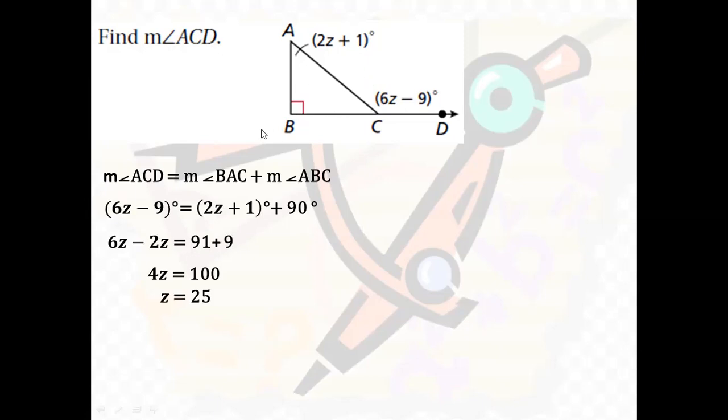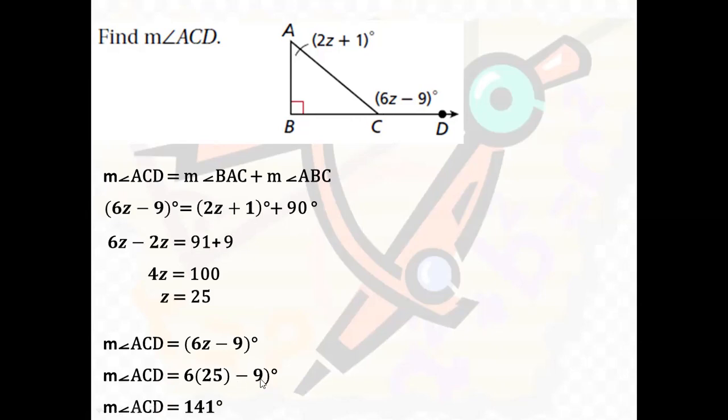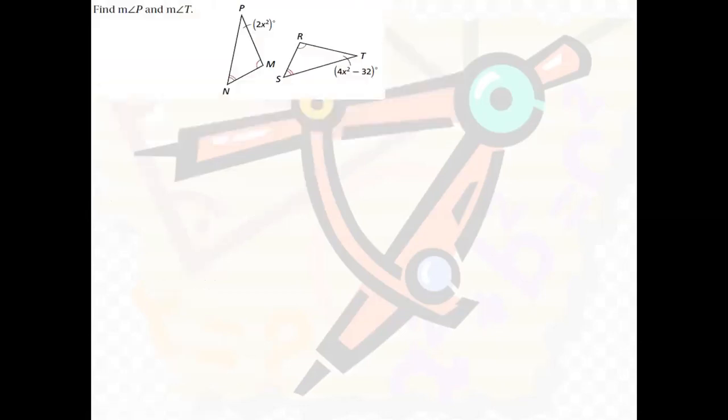You just have to find the remaining, that's ACD. You take the value which they have given you, that is 6z minus 9, substitute the value of z in place of that and find it out. That's going to give you 141 degrees. So angle ACD is equal to 141 degrees. It's easy. Now this one is the third angle theorem.